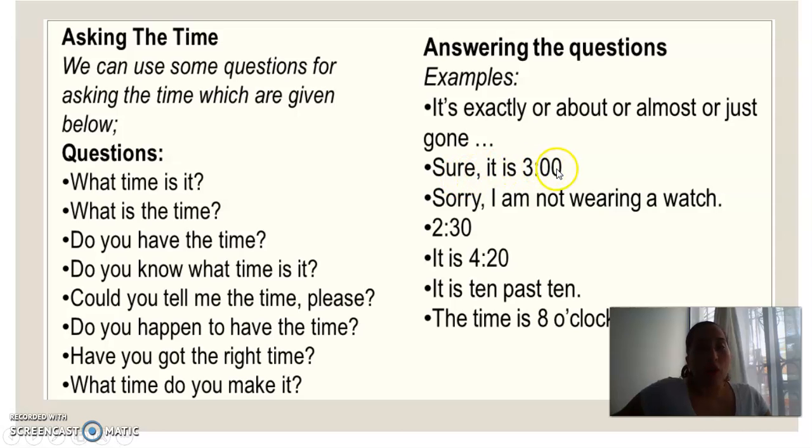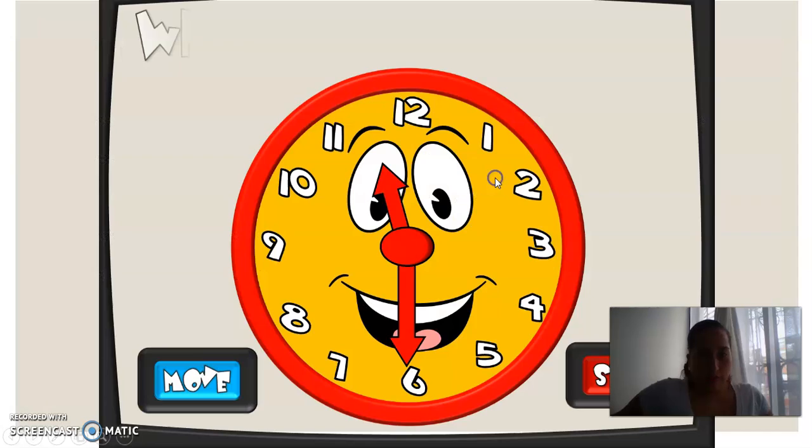Sure, it is 3 o'clock. Sorry, I'm not wearing a watch. It is 4:20 or it is 20 past 4. It is 10 past 10. The time is 8 o'clock. Okay, those are different possible answers to these questions.